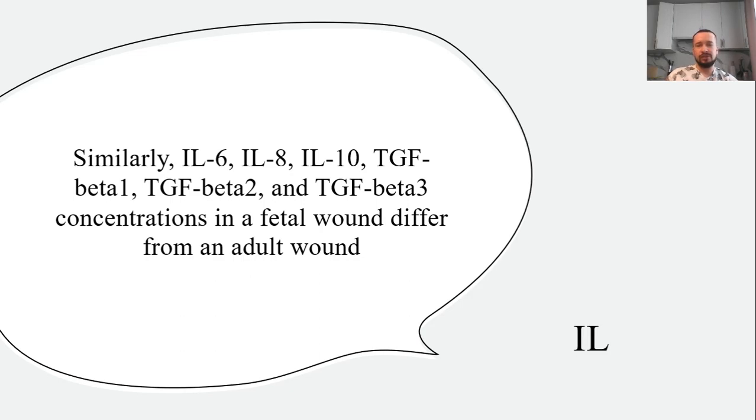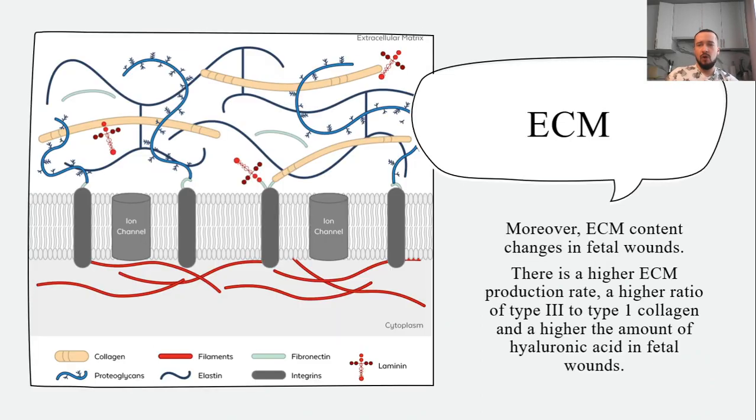Similarly, interleukin 6, 8, 10, TGF-beta 1, TGF-beta 2, and 3 concentrations in a fetal wound differ from an adult wound. Moreover, ECM content changes in fetal wounds. There is a higher ECM production rate, a higher ratio of type 3 to type 1 collagen, and a higher amount of hyaluronic acid in fetal wounds.